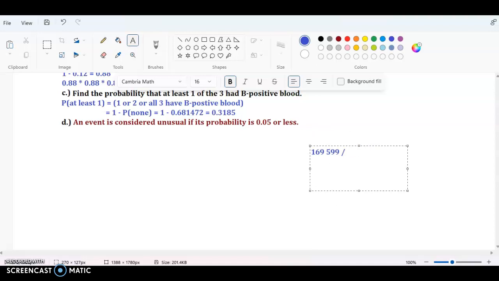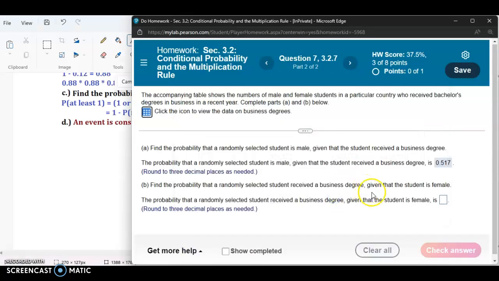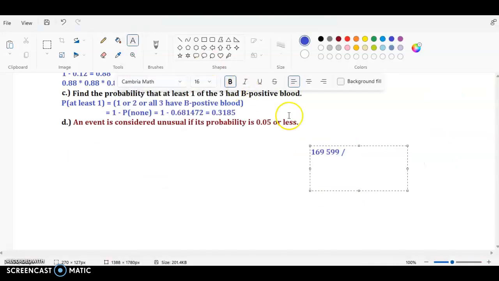And we're going to divide that by the total number of students with the given event, which is female, so the total number of female students according to the table, which is 1,069,996.